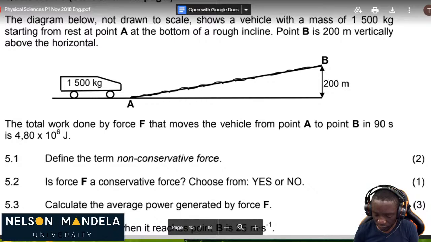So 1,500 times 9.8 times 200 cos 180. That's minus 2.94 times 10 to the 6. So 4.8 times 10 to the 6 minus 2.94 times 10 to the 6 plus the work done by friction equals half times 1,500 times 25 squared, which is 0.469 times 10 to the 6.